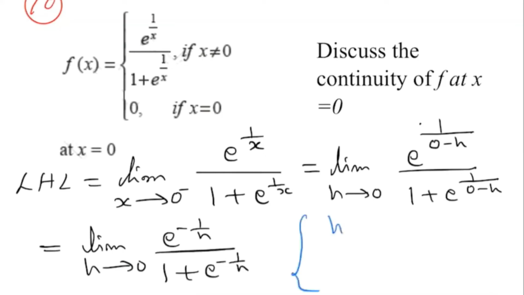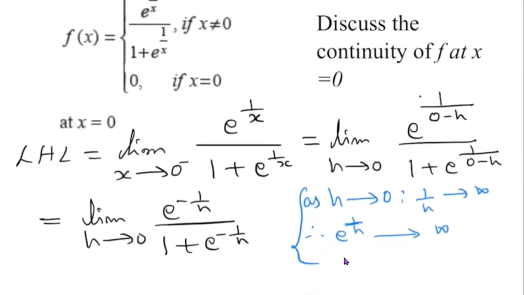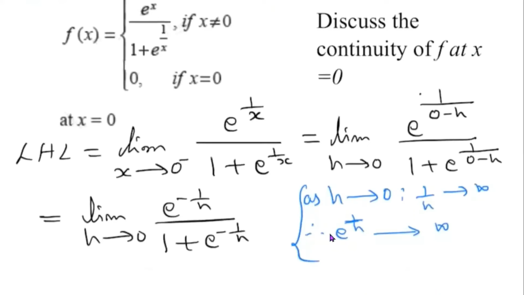Now look at this. As h tends to 0, 1 by h tends to infinity. So therefore, e power 1 by h also tends to infinity. As the power becomes larger and larger, e is greater than 1. So the value of e power 1 by h also increases.